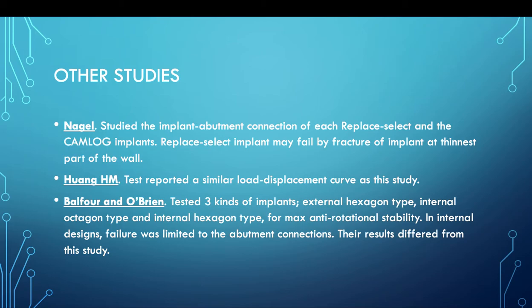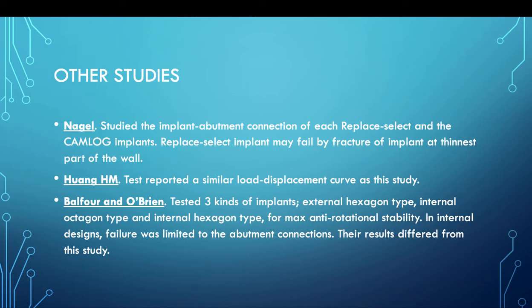Another test was by Balfour and O'Brien. Balfour and O'Brien tested three kinds of implants for maximum anti-rotational stability. The three kinds were external hexagon type 0.7 mm diameter, internal octagon type 0.6 mm diameter, and internal hexagon type 1.7 mm diameter.